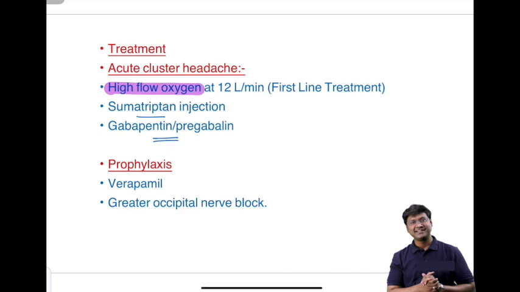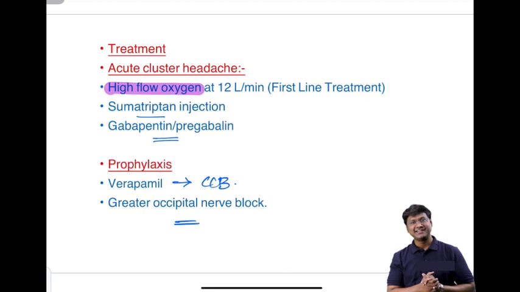And what are the drugs given for prophylaxis of cluster headache? We give a calcium channel blocker, that is verapamil. Verapamil is a very important calcium channel blocker, mainly given in the treatment of PSVT, paroxysmal supraventricular tachycardia. The alternative drug is diltiazem. The other prophylactic treatment is greater occipital nerve block.